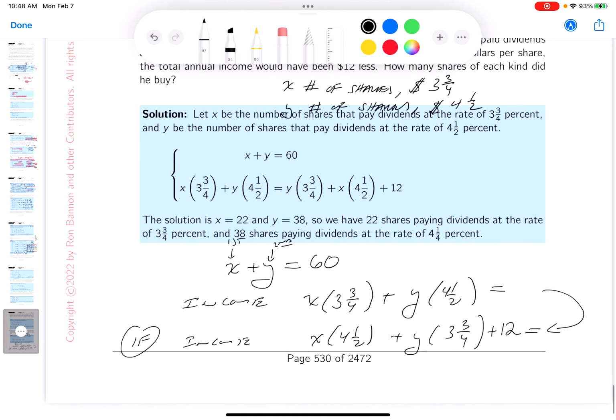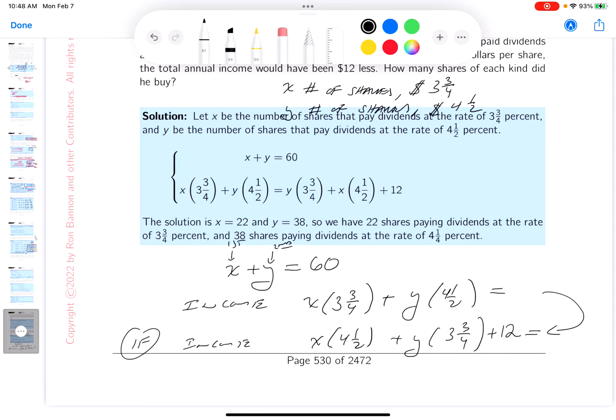Well, I'm going to write this down. It's really two equations, two unknowns, and I need to simplify a tiny little bit, all right? So let me write this down for you. So X plus Y is 60, and then I'm going to be writing this equation down in a more simplistic way. 4 times 3 is 12, 12 plus 3 is 15 quarters.